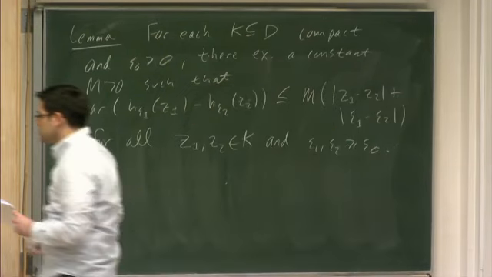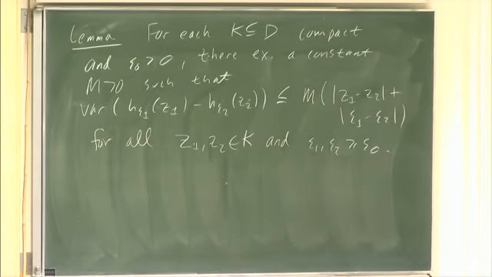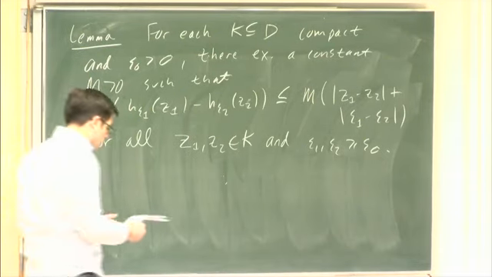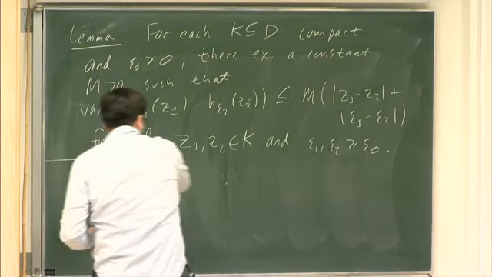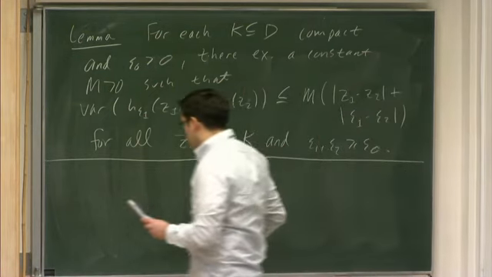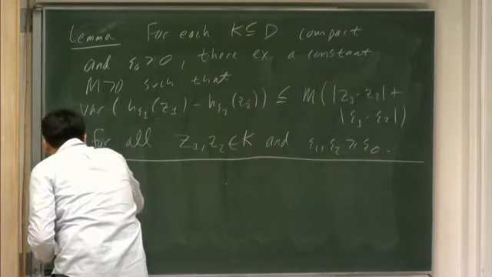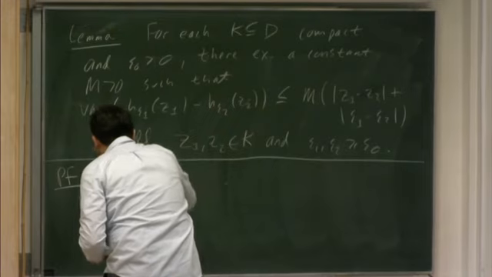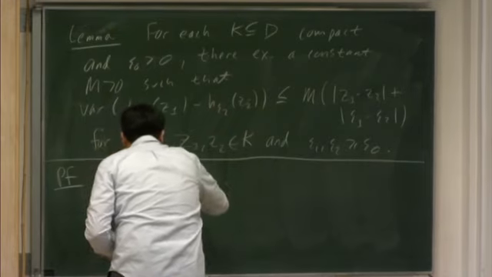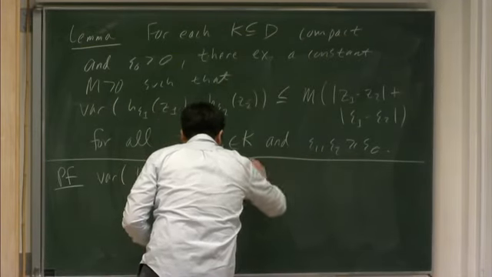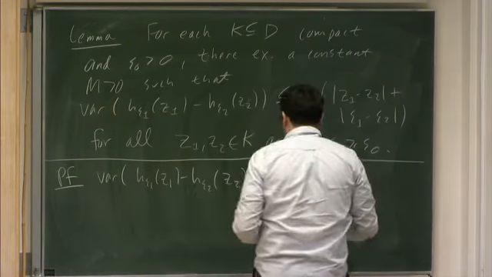Okay? So the first step in the proof of the continuity is just to get a bound on the modulus of continuity of the variance of the difference of these circle averages. All right, and how do you show this? So you just have to compute. You look at the variance of h epsilon 1 of Z1 minus h epsilon 2 of Z2, and let's just expand this.